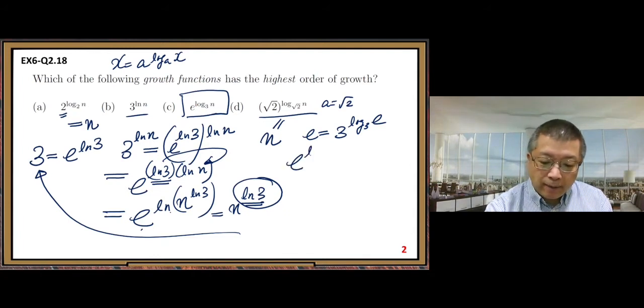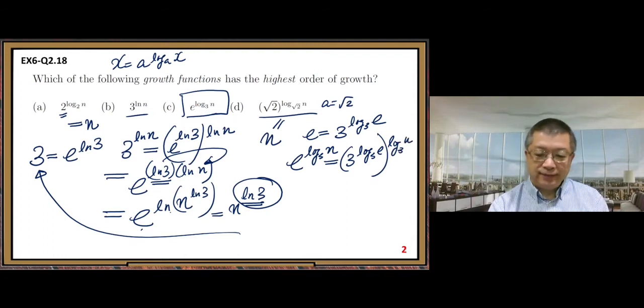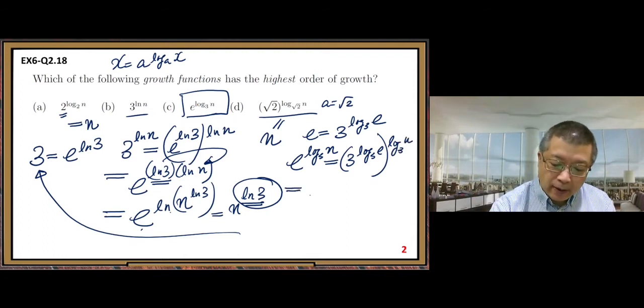Then e to the log base 3 of n becomes 3 to the log base 3 of e, raised to the log base 3 of n.